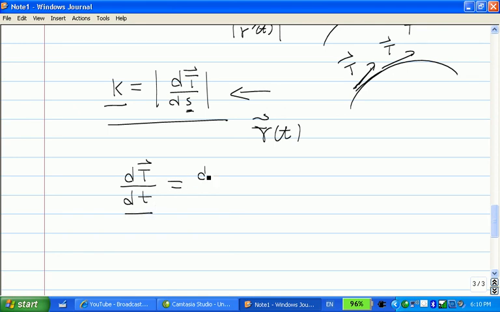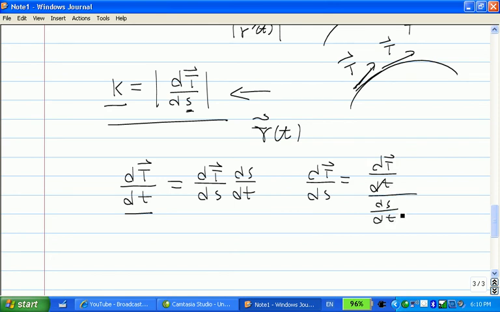Using the chain rule, dT/dt gives you dT/ds times ds/dt. Therefore dT/ds is equal to dT/dt over ds/dt. The denominator is a scalar, so the magnitude gives you the magnitude of T prime t over ds/dt.